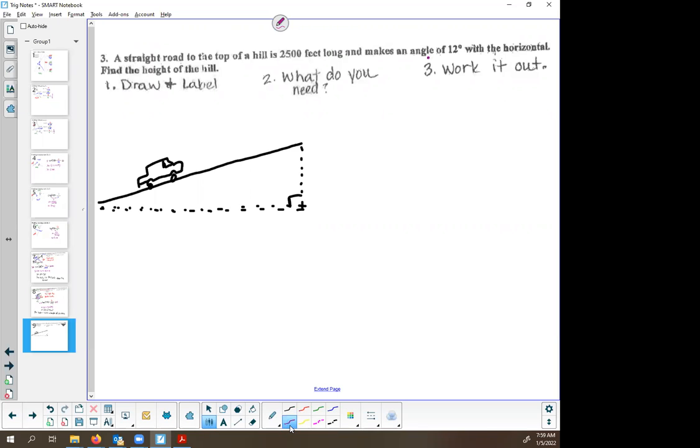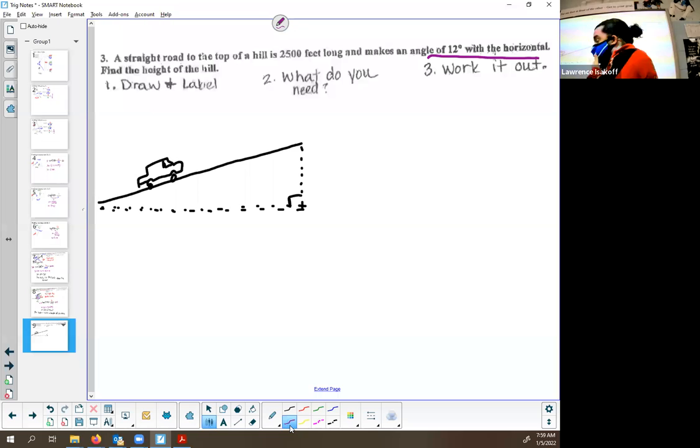So it makes a 12 degrees with the horizontal. That tells us right there it makes a 12-degree angle, like it's going up at 12 degrees. So I know that's making that with the ground.